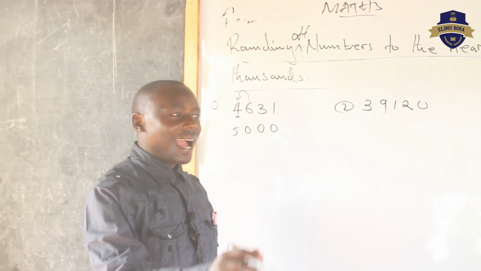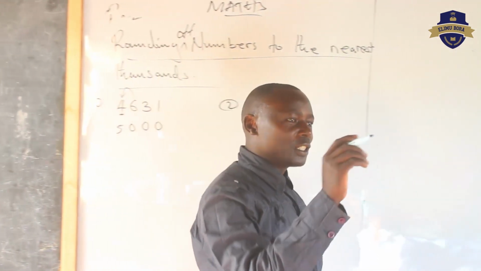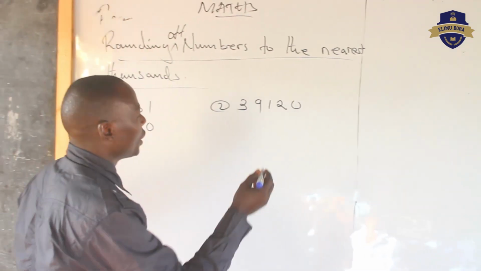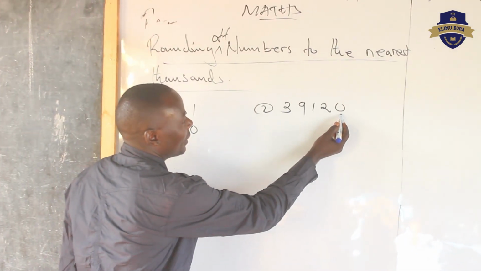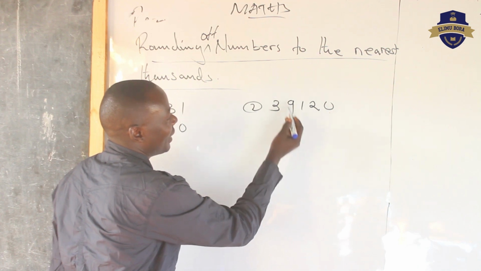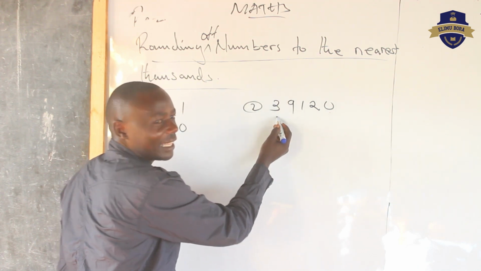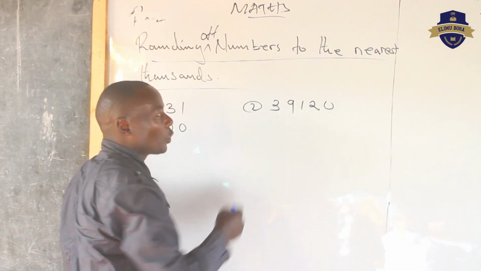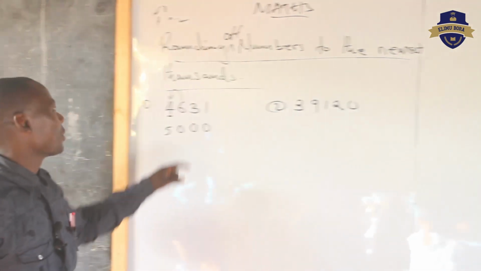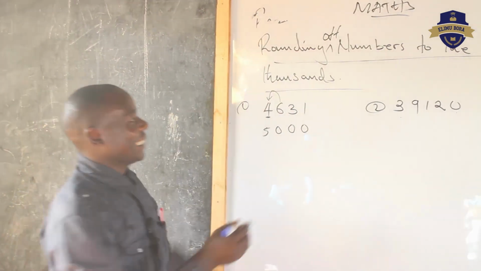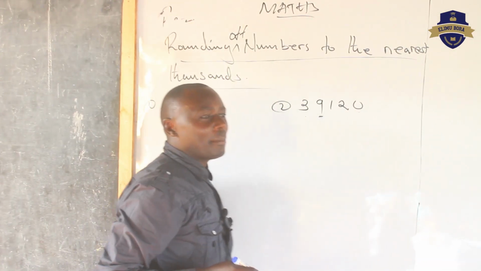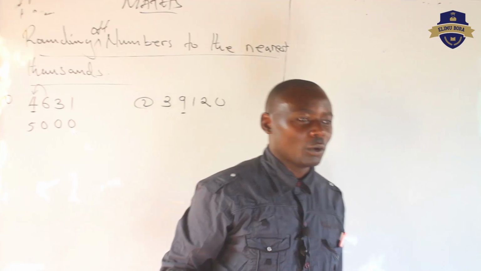You first identify the place value of all digits in that number. We start with the 0. This is ones, tens, hundreds, thousands, ten thousands, isn't it? So in our case, which number is in the place value of 1,000? 9. Very good.